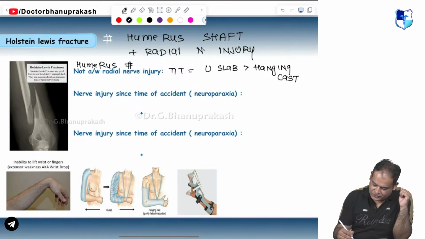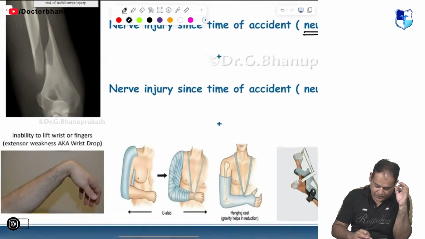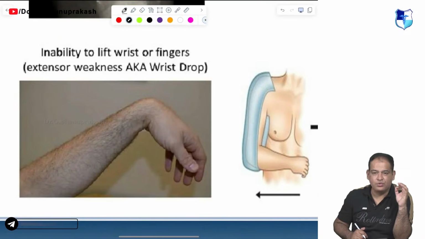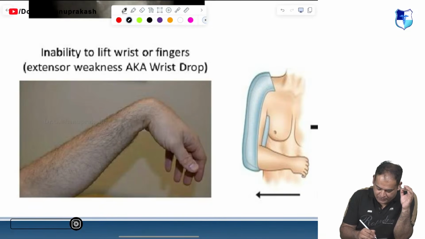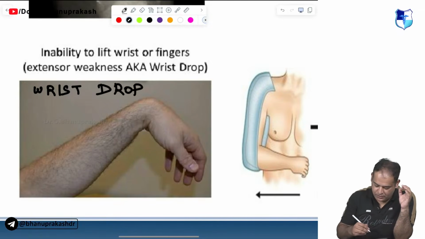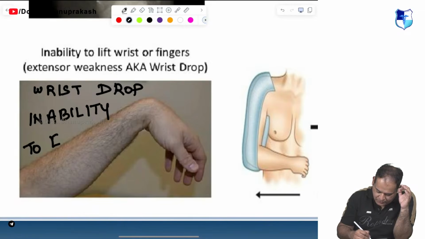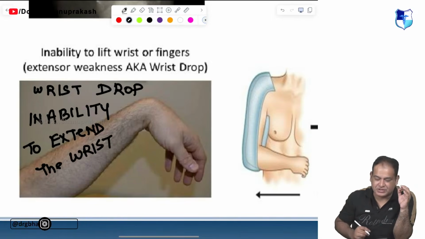Okay. If nerve injury is present since the time of accident, this is going to heal automatically. Your patient will present to you with wrist drop. Wrist drop means inability to extend the wrist.